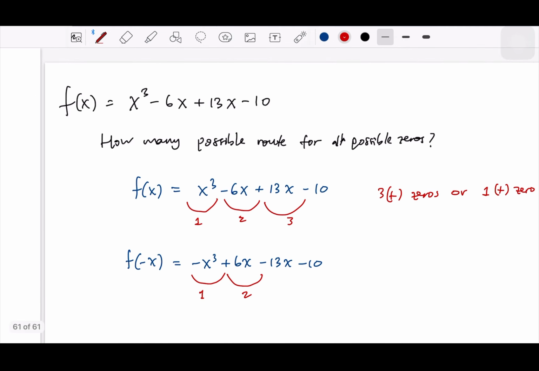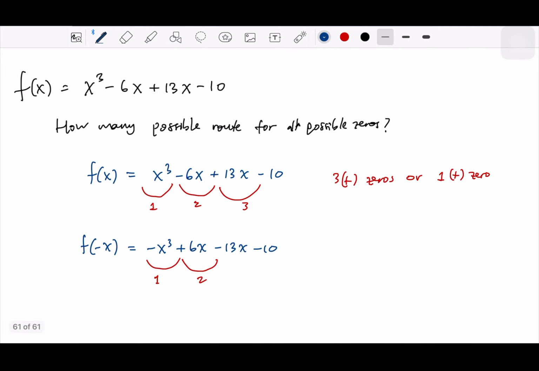Oh, wait. It should be having a squared, sorry. Squared here. Okay, this is supposed to be different. So negative x, so negative 6x squared. Oh, so all negative, so 0. So 0 negative zeros.